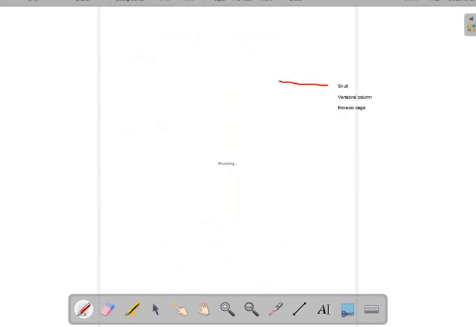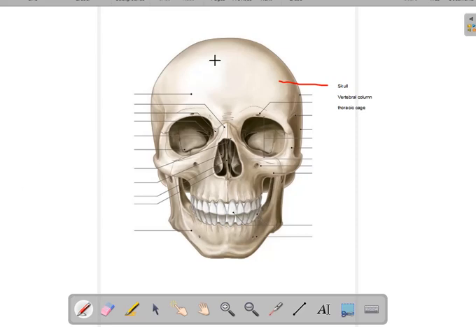The skull is formed from many bones. The only articular joint, or only synovial joint, movable joint, is the temporomandibular joint.